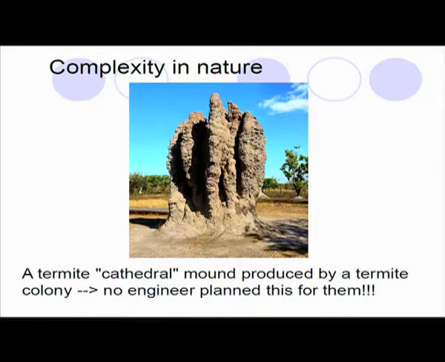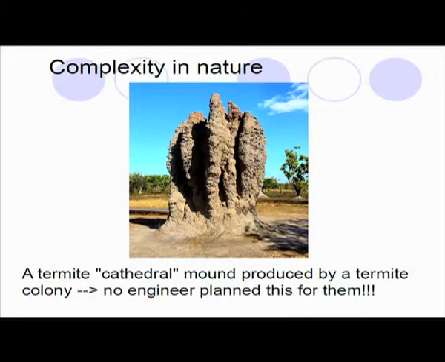These termites work like tiny engineers, so they bring in mud particles from different areas and accumulate them in a place. They do it for quite some time, and suddenly a mound of this structure gets formed. So this is another striking example of a complex system.